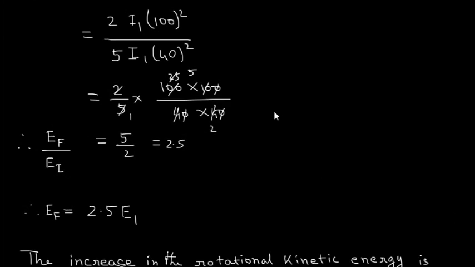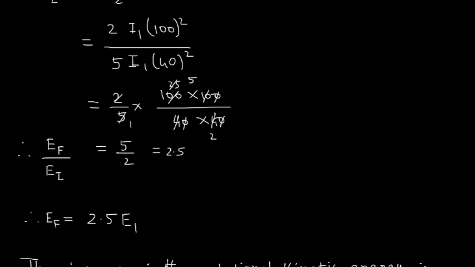So putting the values of omega 1 and omega 2, we get 2 by 5 I1 by I1 into 100 square by 40 square. So upon solving, we get EF by EI is equal to 2.5. That means EF is equal to 2.5 EI.